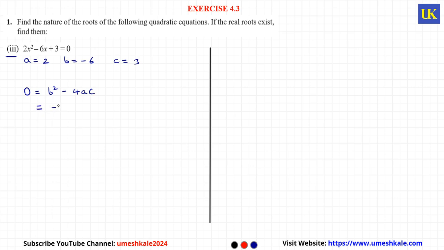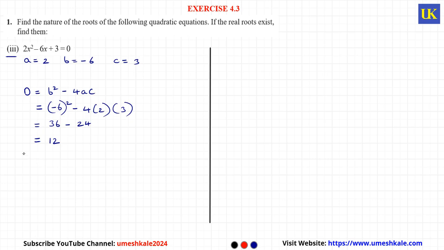So b is how much? Minus 6 is the square, minus 4, a is 2, and c is 3. So 6 6s are 36, minus into minus plus, 4 2s are 8, 8 3s are 24. 36 minus 24 is equal to 12, right?